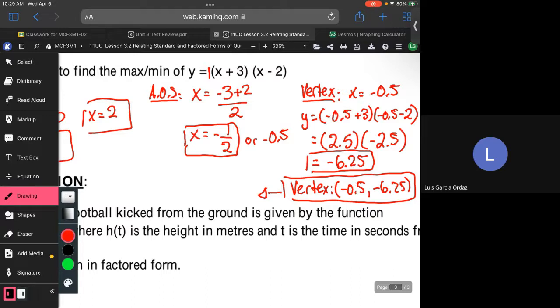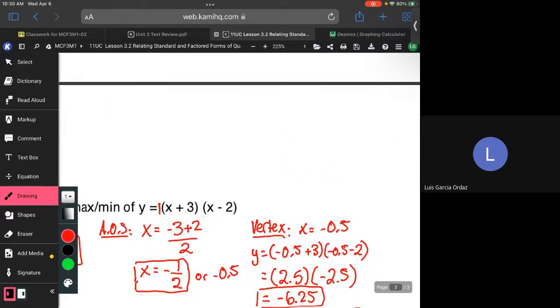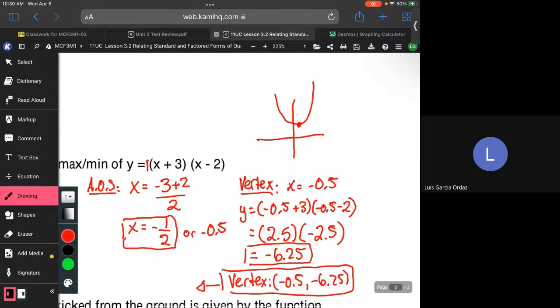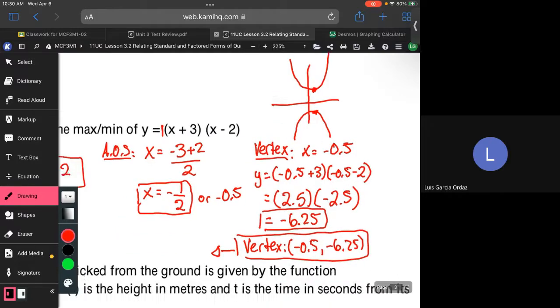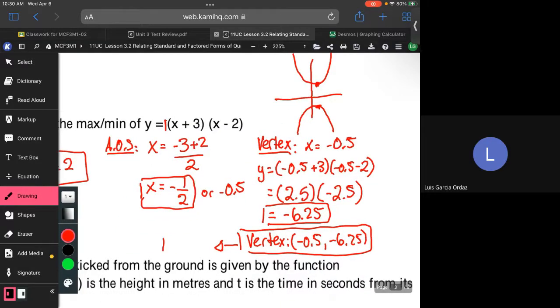So do I have a maximum or a minimum? Remember, if my graph opens upwards, I have a minimum because it's the lowest point. If it opens down, I have a max. So my vertex here is a minimum.